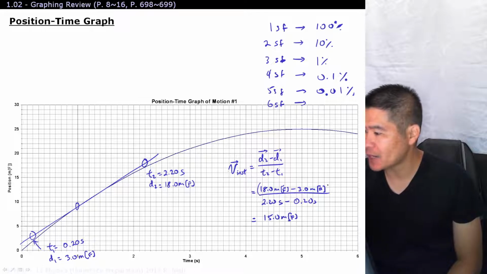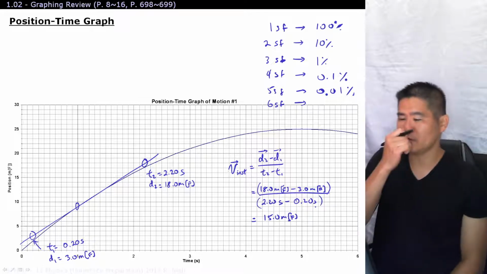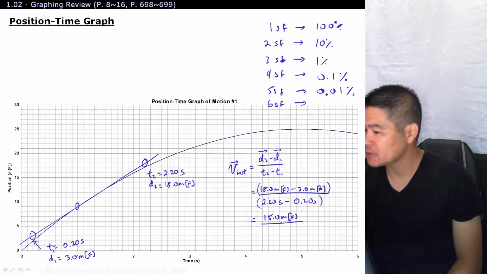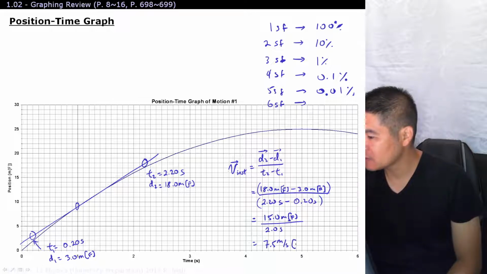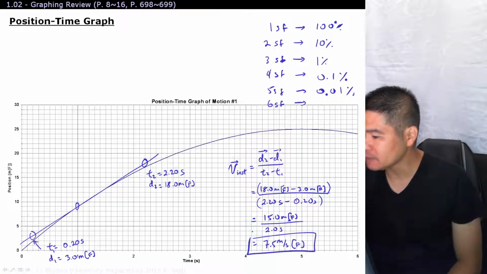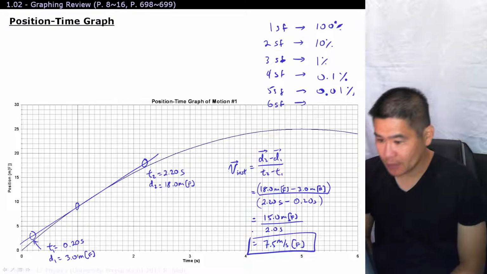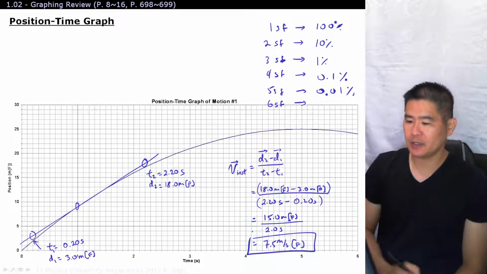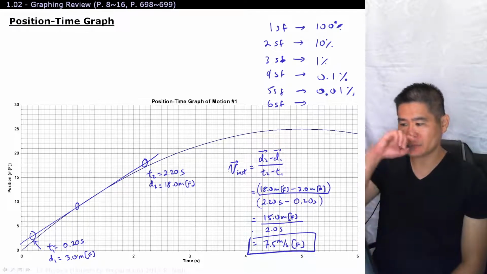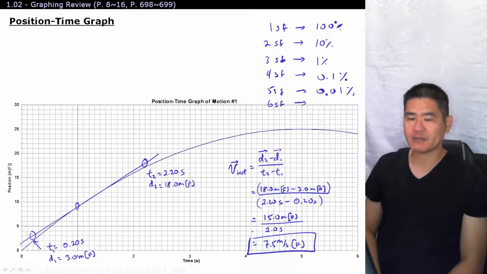Remember that there are brackets on top and brackets down below, even though we don't explicitly state it. And we're dividing that by 2.0 seconds. That will give us 7.5 meters per second forwards.